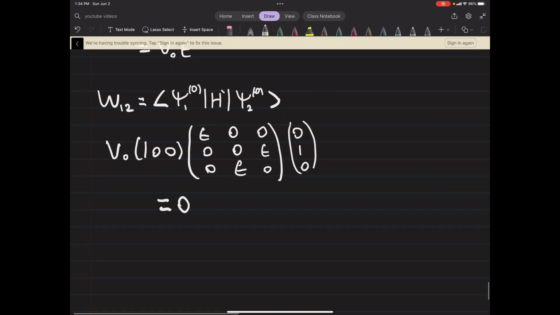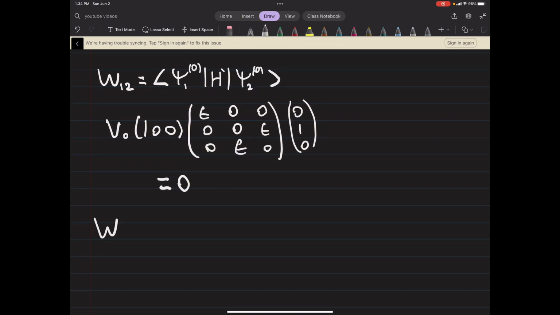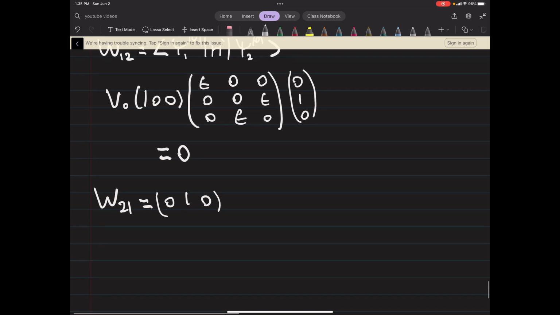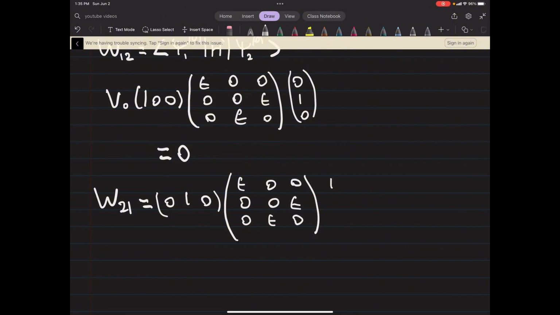So that's 0. Let's see if that works with this other matrix. So that will again be the second state. Let's see. Yep, that'll be 0.